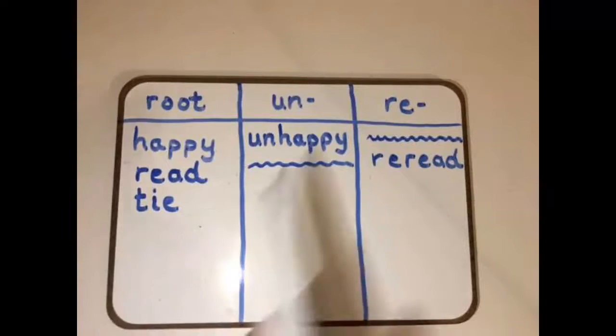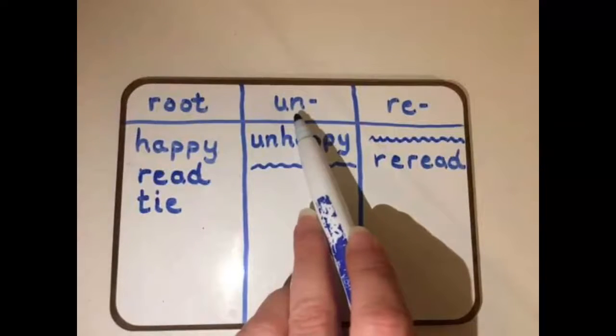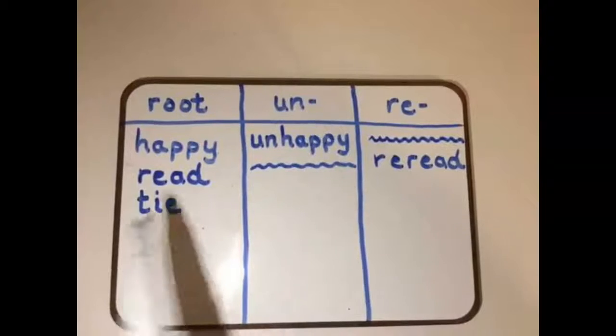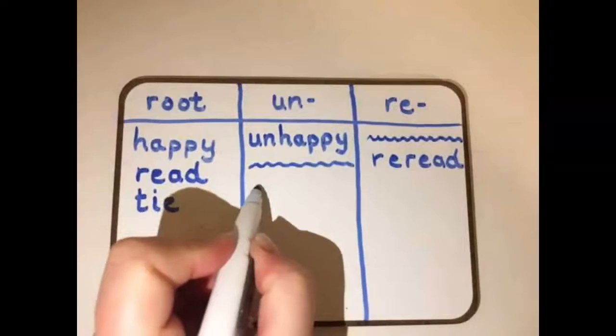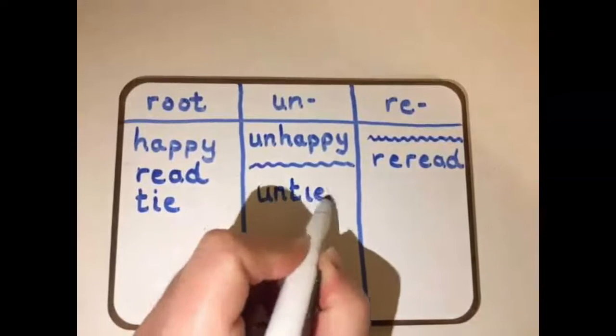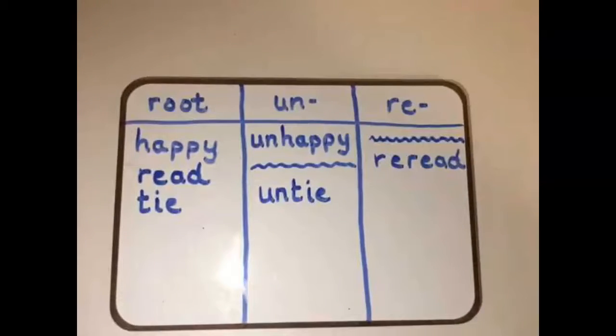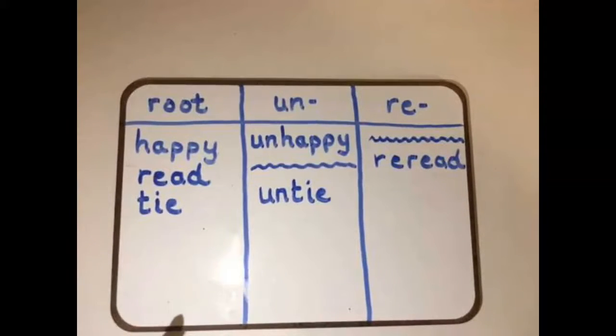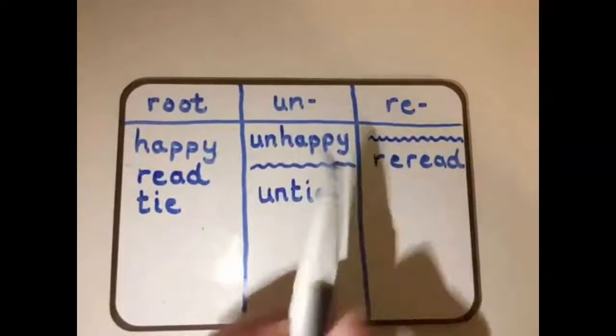Okay, so un means not or take apart. In this case, untie, we take apart our shoelaces. So is untie a word? Sure. I can untie my shoelaces so I can get my shoes off. What about re-tie? Yes. Tie again? Sure.